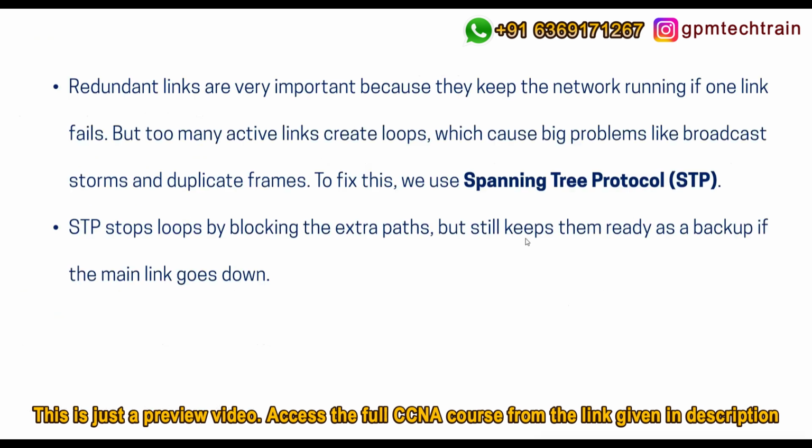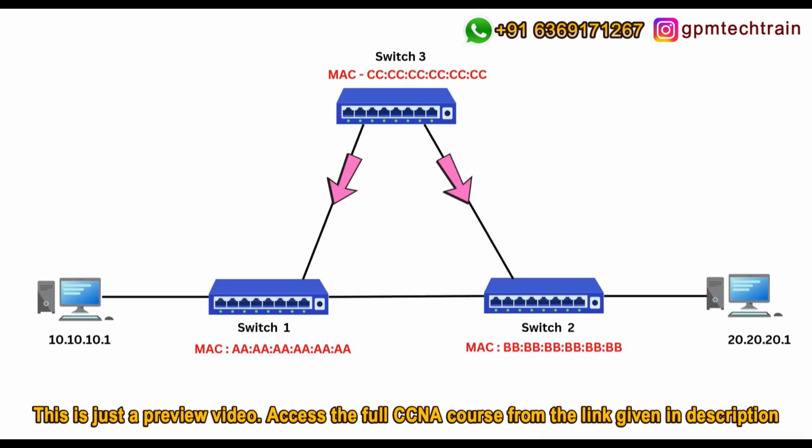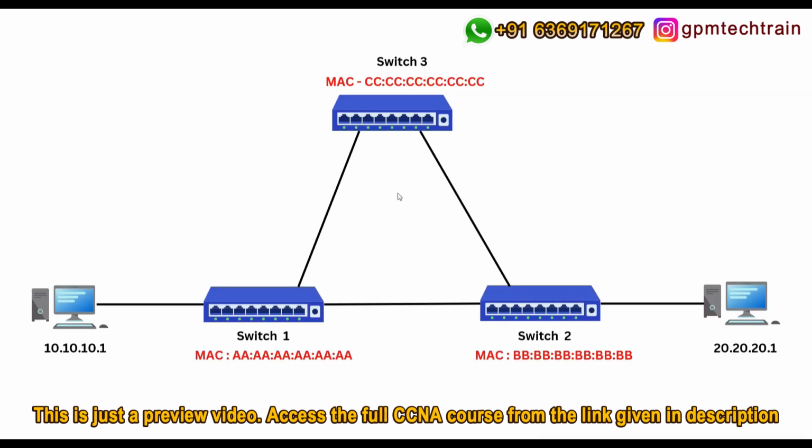So how does STP help? We understand that we want a redundant link to avoid any network failure, because a redundant link is very important. If for some reason one link goes down, we want an alternate solution to reach the destination. But at the same time, this should not create a broadcast storm or an inconsistent MAC address table, right?